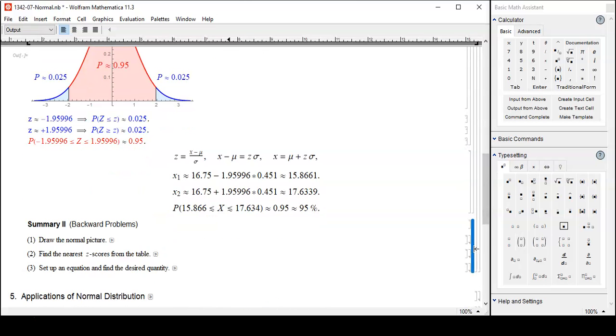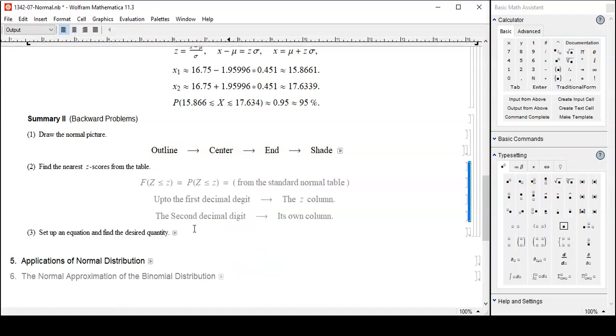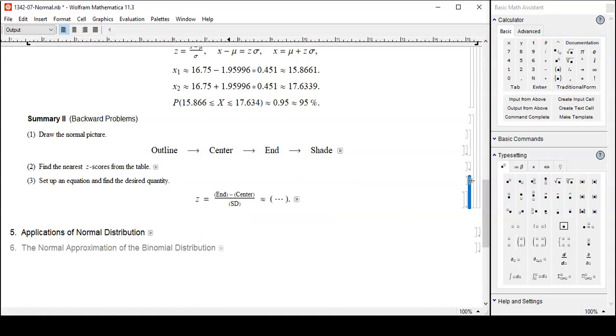In summary, we can do things like this. Step 1 is always drawing a normal picture. Outline, center, and shade. That's what we do. And then find the nearest z-score from the table based upon what you want. And then you can set up the appropriate equation: x minus center over SD is equal to something.